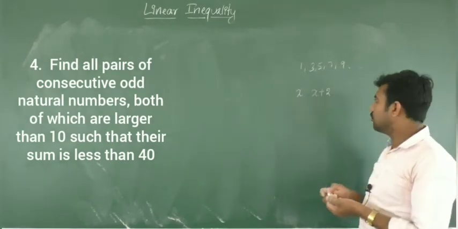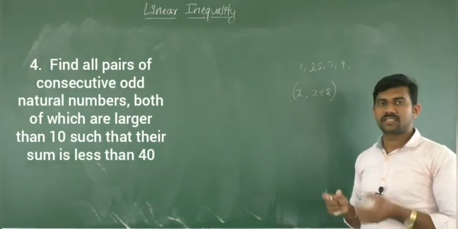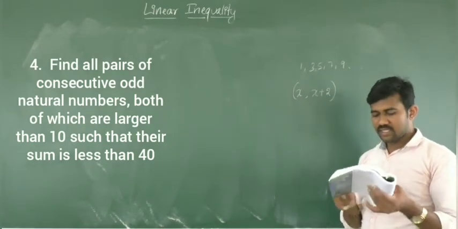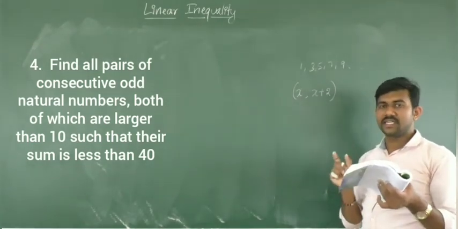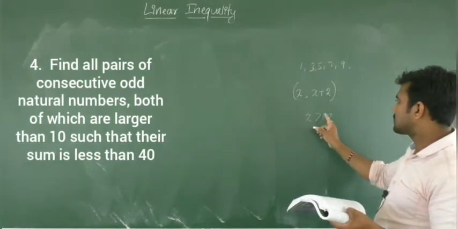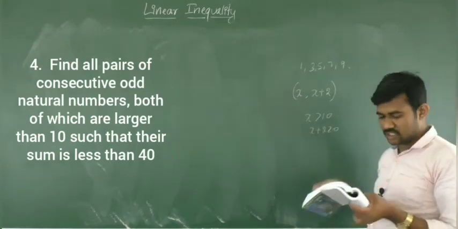Isn't it? Now, we need to find the pairs of odd natural numbers such that both are larger than 10. Both numbers must be larger than 10: x is larger than 10, and x plus 2 is larger than 10. This is the condition.